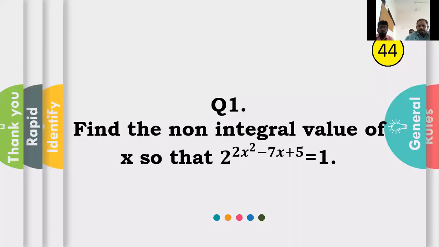Find the non-integral value of x so that 2 to the power 2x square minus 7x plus 5 equals 1. You are supposed to find the non-integral value of this x so that 2 raised to 2x square minus 7x plus 5 equals 1. Be quick.